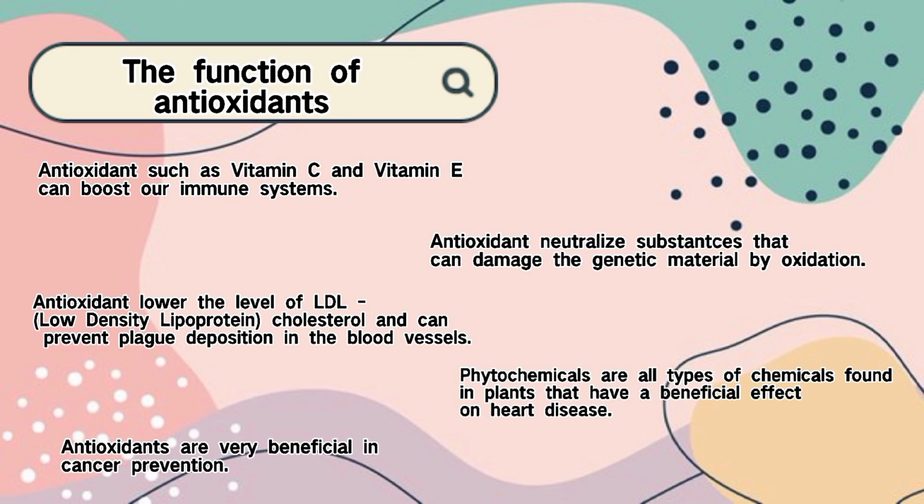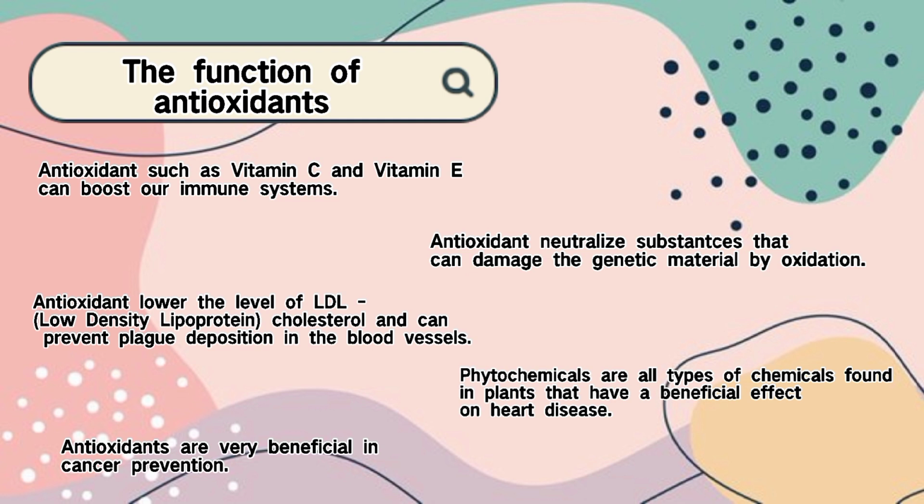Next, let's go on about the function of antioxidants. Antioxidants such as vitamin C and E can boost our immune system. Second, antioxidants neutralize substances that can damage the genetic material by oxidation.